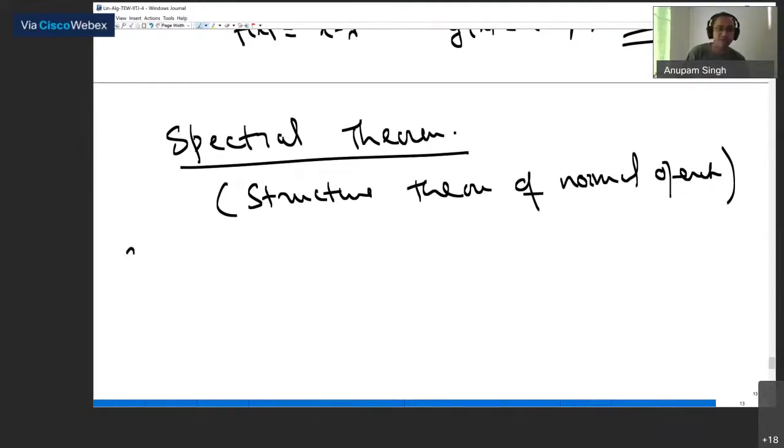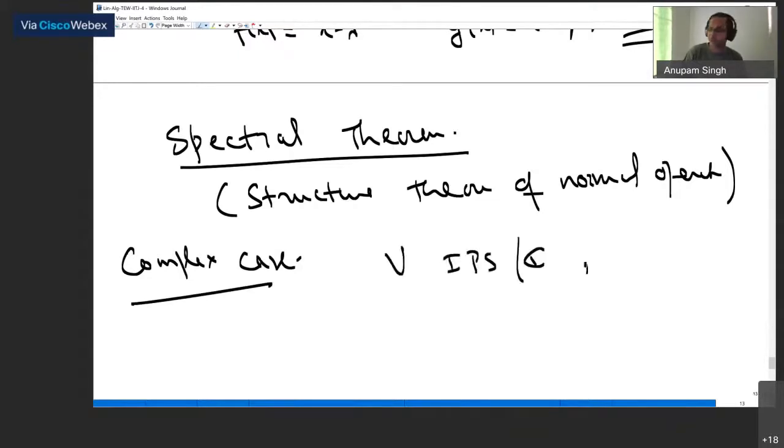So in the complex case, suppose V is an inner product space over C, and suppose T is a normal operator.